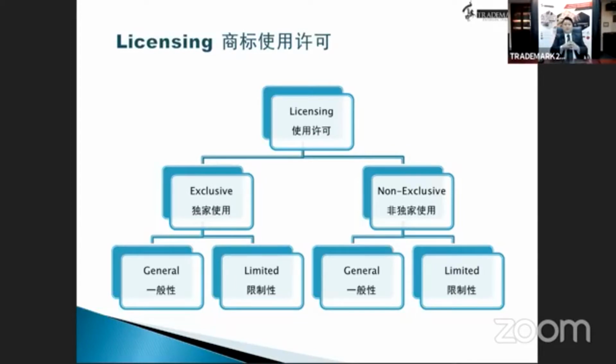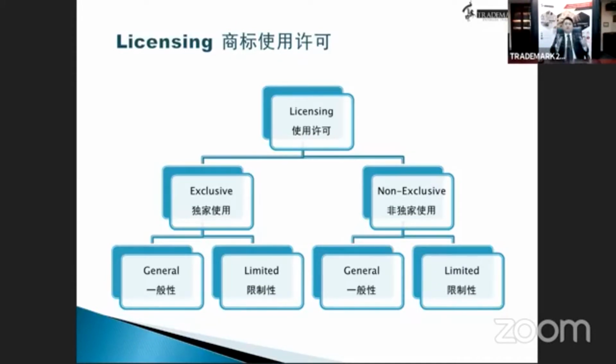So what should I do? Under the old act, there's no mention of licensing. Licensing was usually done privately, one-to-one, by way of contract. However, under the new Trademark Act 2019, there are provisions for licensing.